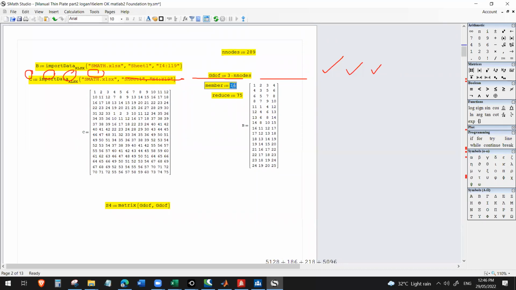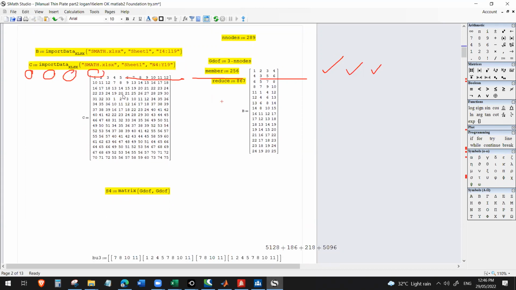A member is 256. Ano na-complete ko? 867. Then, saan manggagaling yung incidence?